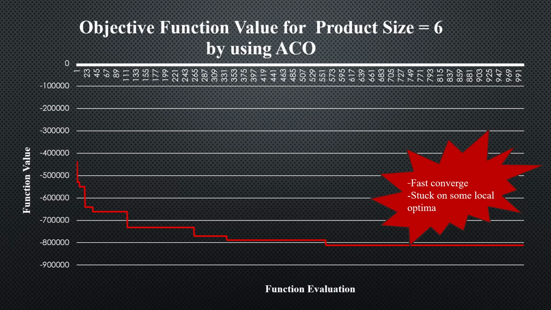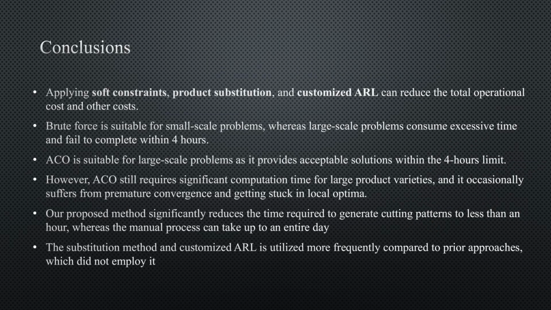However, it also shows a strong tendency to get trapped in local optima. Consequently, this highlights a clear opportunity for future research, specifically in further developing the algorithm or hybridizing it with another meta-heuristic to enhance its global exploration capability.